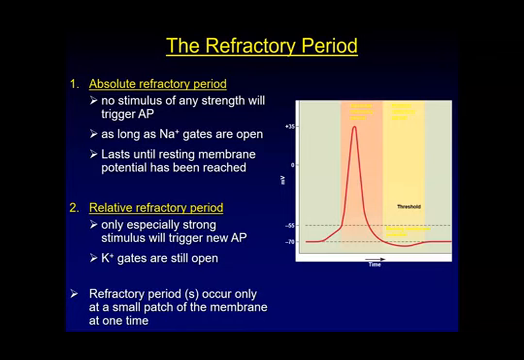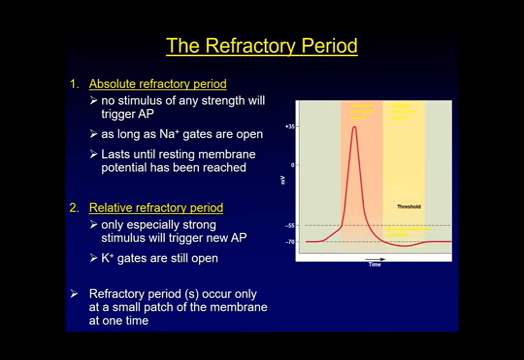A signal starts and it moves from the motor neuron out down its axon towards the muscle. As the action potential jumps along, it depolarizes, and then that patch of the axon or that patch of the sarcolemma enters its absolute refractory period.